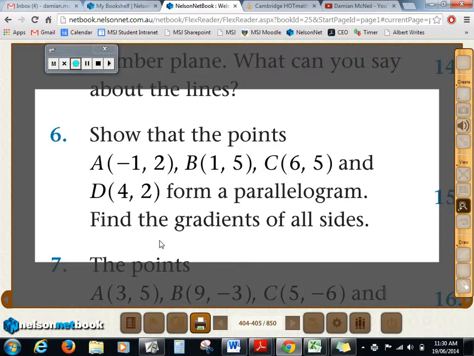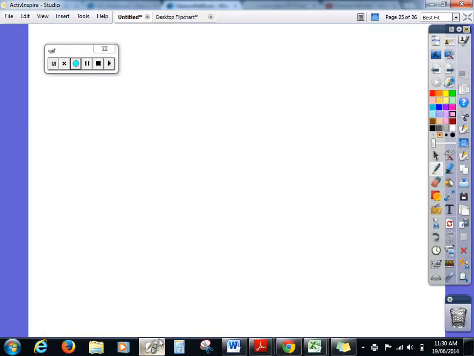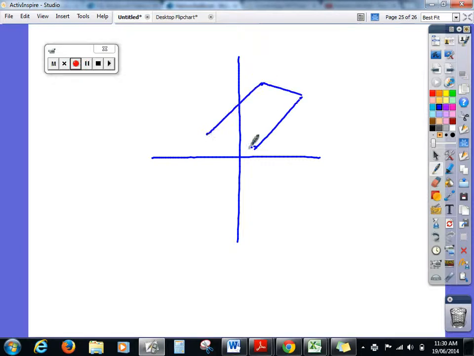So looking at this one here, you would firstly plot some points so that you know which ones to prove there is our parallelogram, to say that that's what they look like. It's not, I'm just making these points up. And then you would say, okay, that's A, B, C, and D.